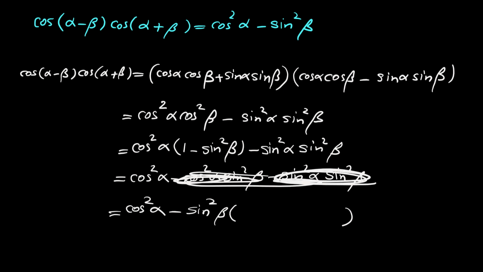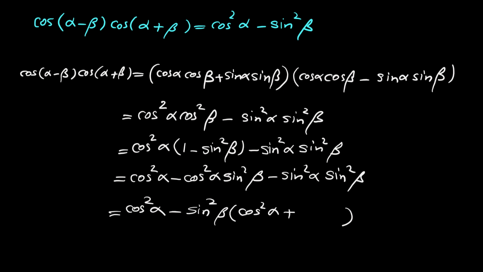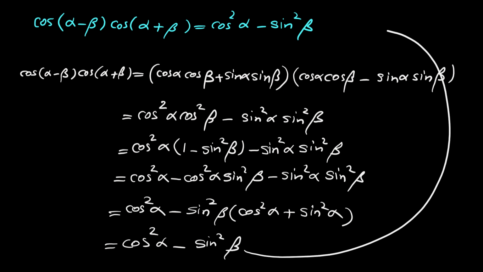By factoring that, what remains from each term? Attention, we factor the negative also, negative sine to the 2 beta. What remains from the first term? Cosine to the 2. What remains from the second term? Sine to the 2. Cosine to the 2 plus sine to the 2 is 1. All of this is 1. 1 times sine to the 2 is sine to the 2, and this finishes the proof of this relation: cosine to the 2 alpha minus sine to the 2 beta.